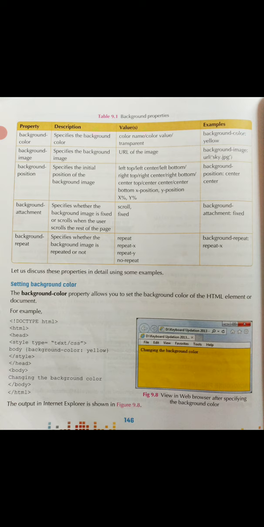And what will be the values for your background repeat? Repeat X, repeat Y, no repeat. These are the values of your background repeat. Clear? Then the example is background repeat X. So these are the codes that you need to remember.